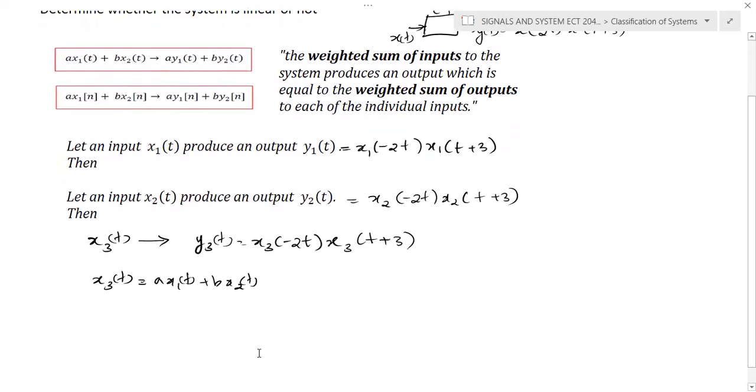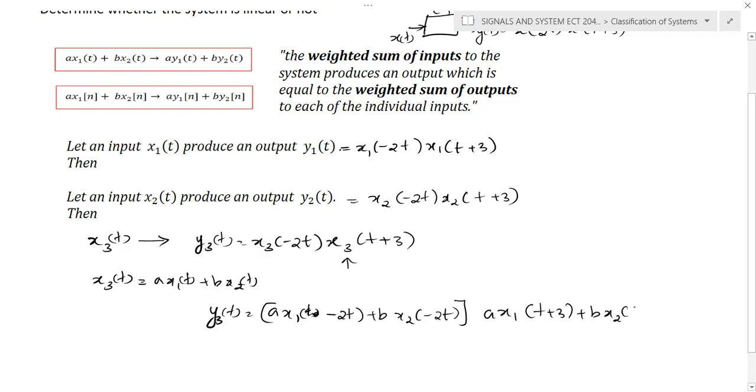So y3 of t becomes a x1 of minus 2t plus b x2 of minus 2t into, in place of this x3 of t, you can substitute a x1 of t plus 3 plus b x2 of t plus 3.